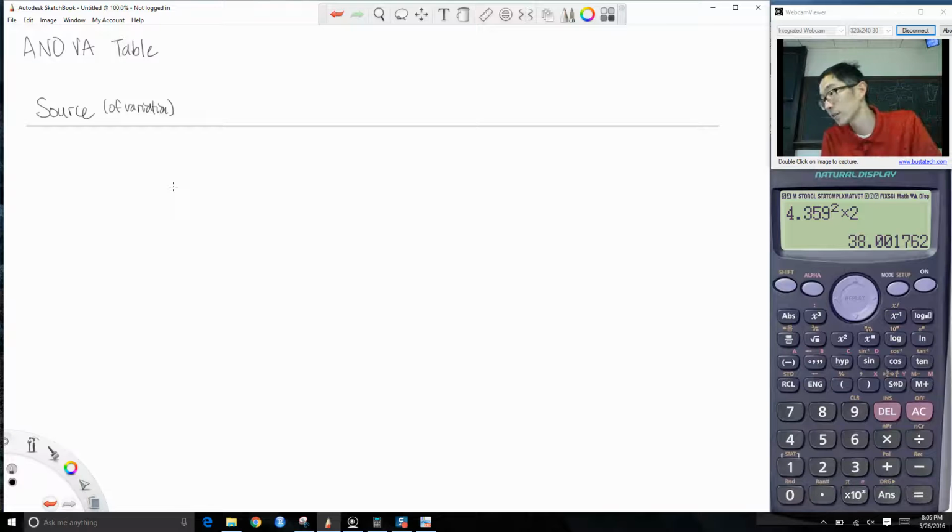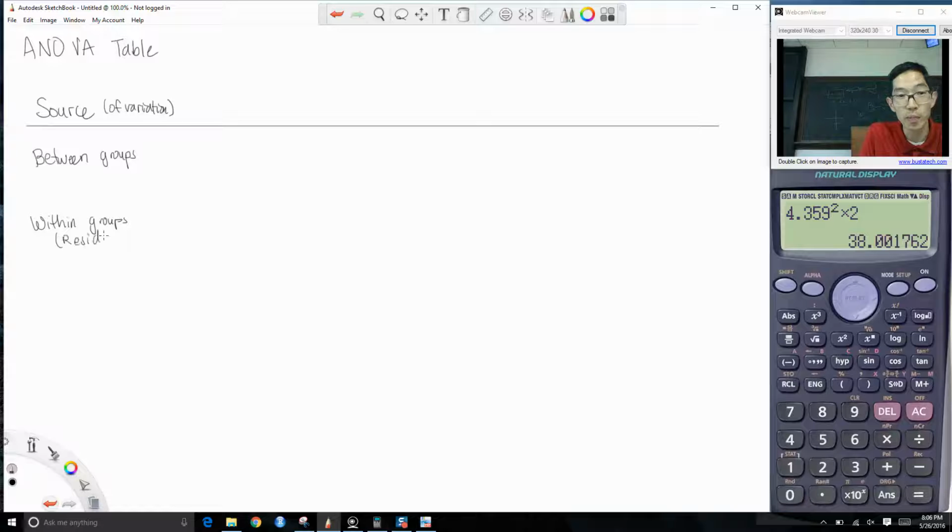And we might call this between group variation. And then within groups, or the residual. Okay, and then we have the total. Okay, there's a column that we create for degrees of freedom, which I'll explain in just a bit, and then we have kind of the sum of squares, SS.